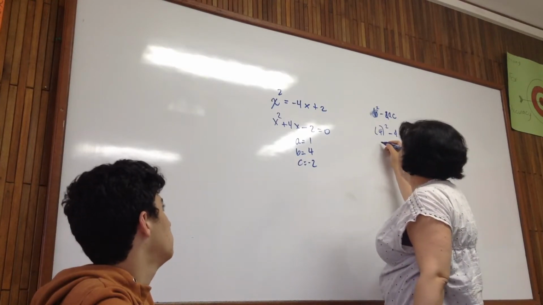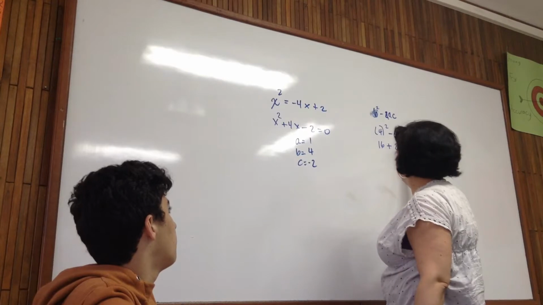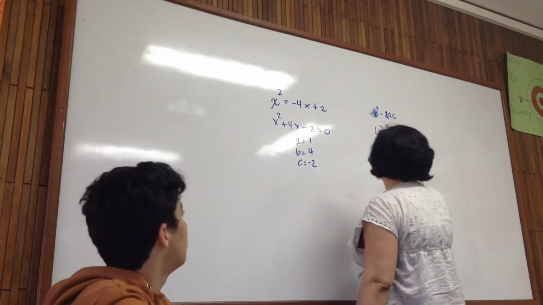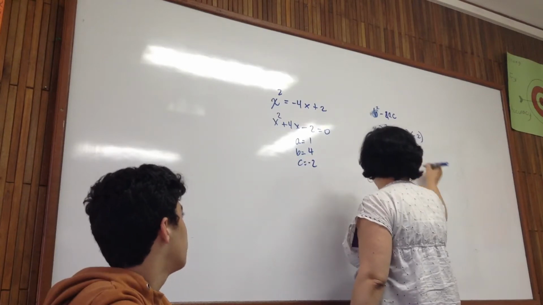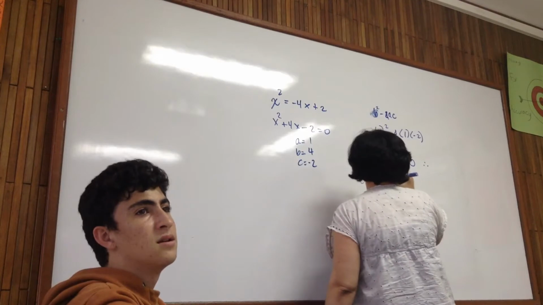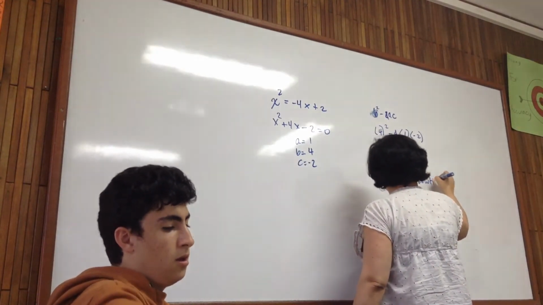This is 16 plus 8. This is 24. This is greater than 0. Therefore, two real number solutions. That's all you have to answer.